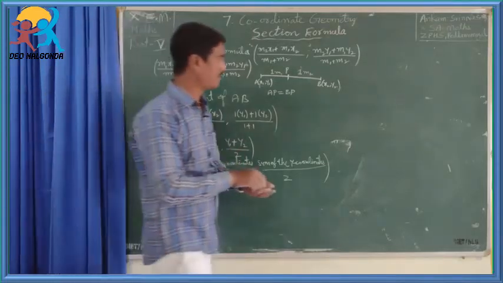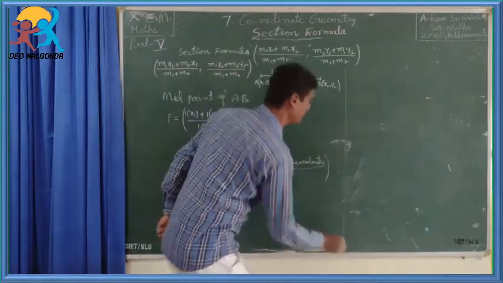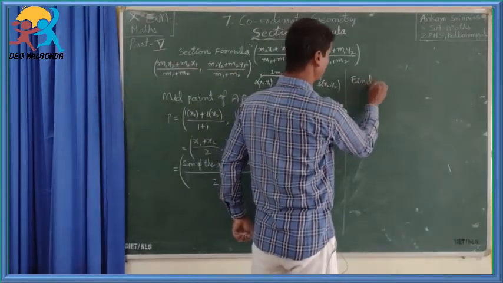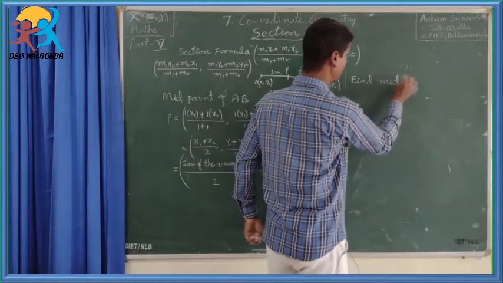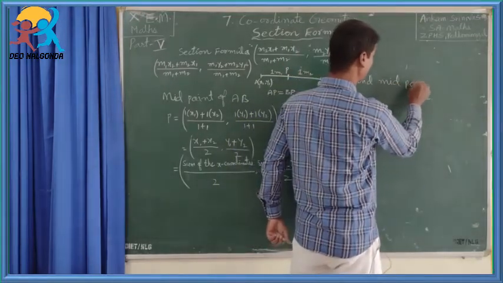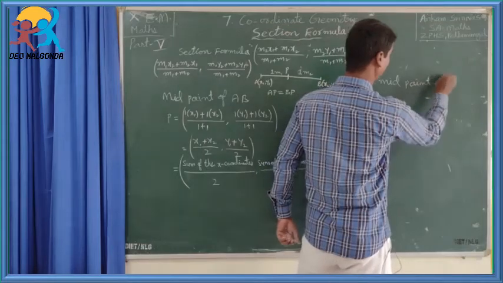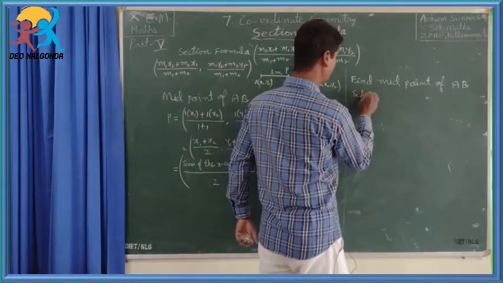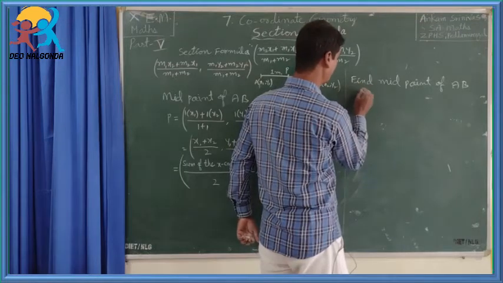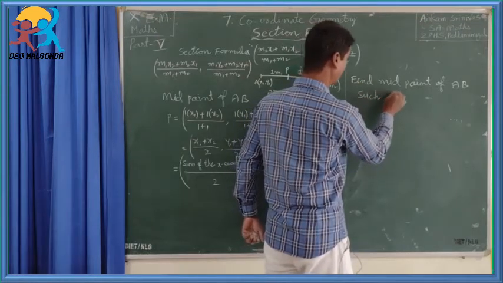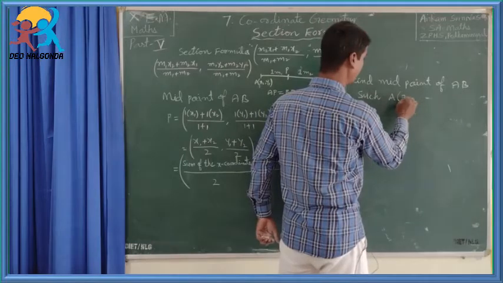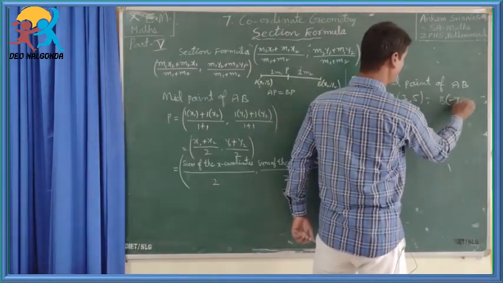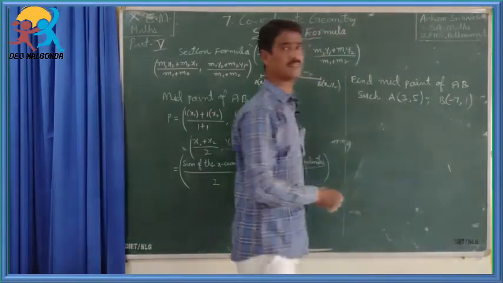Take one example problem. Find the midpoint of AB such that A is 3, 5 and B is minus 7 comma 1.